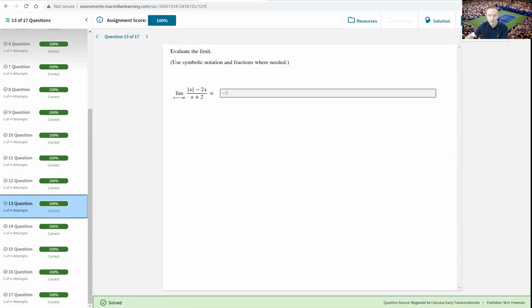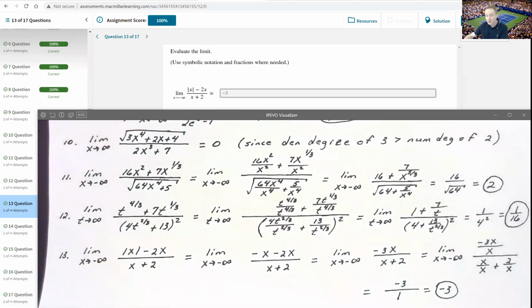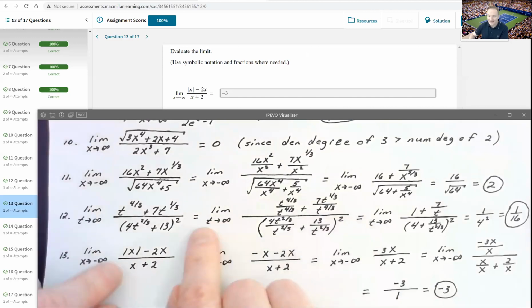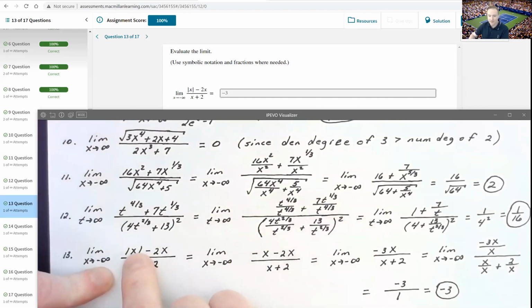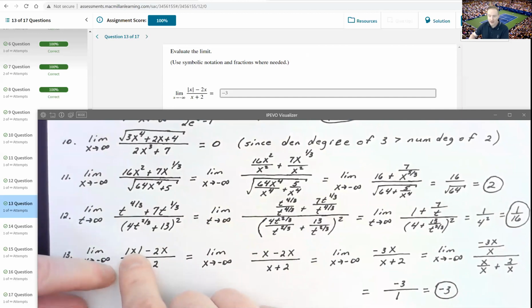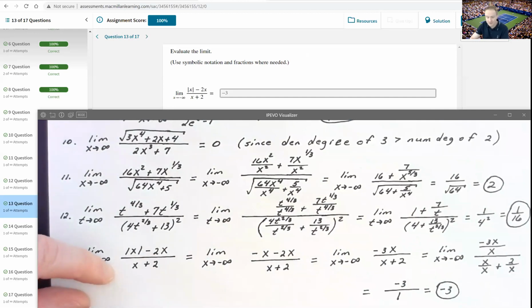Absolute values. So whenever you deal with absolute values, you need to think about whether the limit is approaching infinity or negative infinity. So I can't leave that absolute value in my problem. But what I understand is that the absolute value of x, it's either x or it's negative x. For values of x that are negative, the absolute value just acts as the negative of the function.